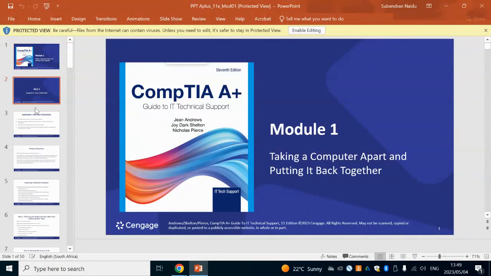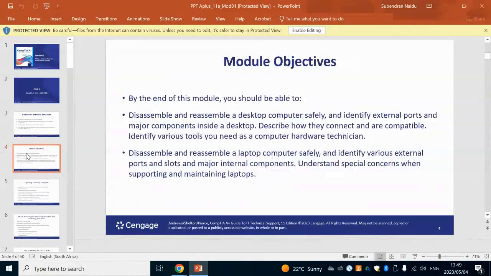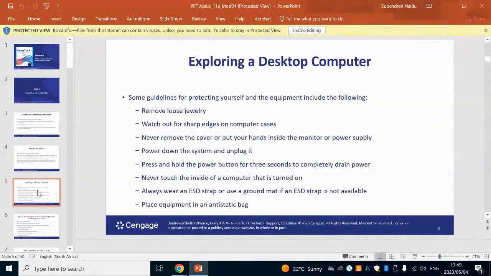I have a look at my slides and I page through them and I see these objectives here: disassemble, reassemble a computer, a desktop and a laptop, and then it says exploring. So they've got detailed information now on guidelines before you actually go and look at the computer.